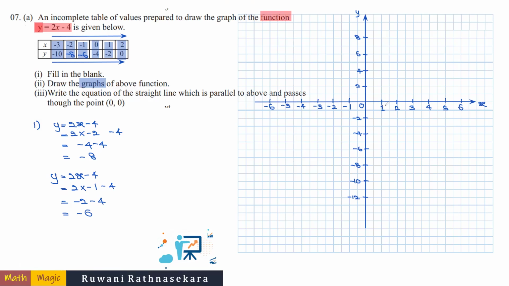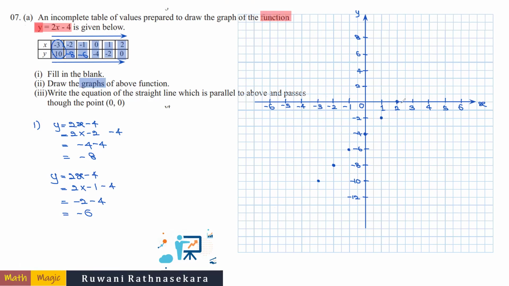Then plotting points. The first point to be plotted is -3, -10. The next point is -2, -8. -1, -6. 0, -4. Sorry, 1, -2.